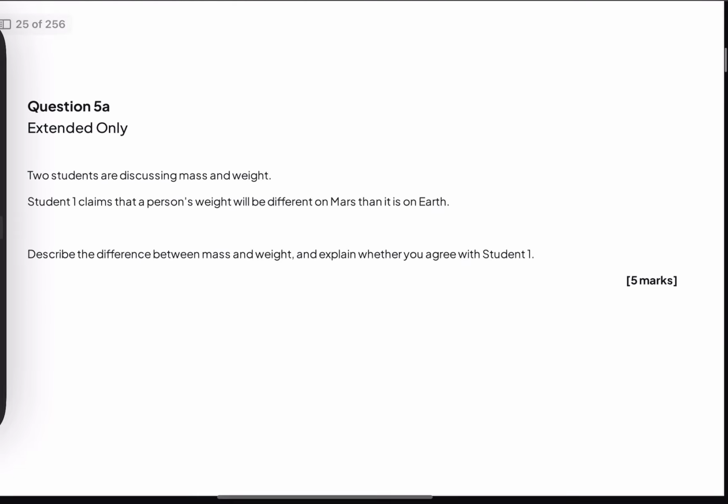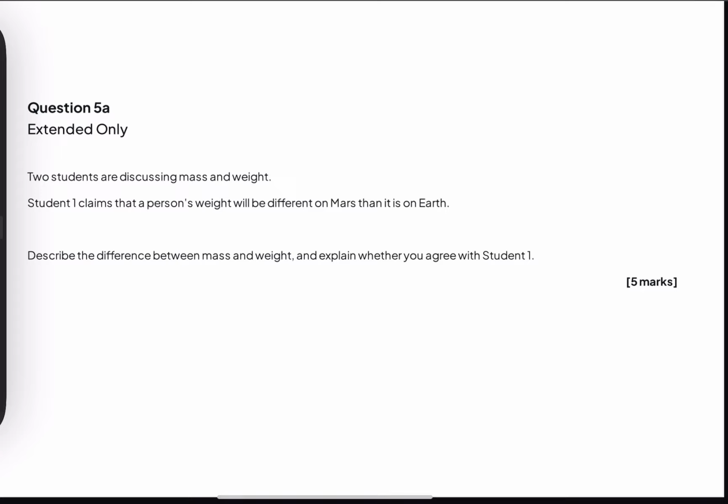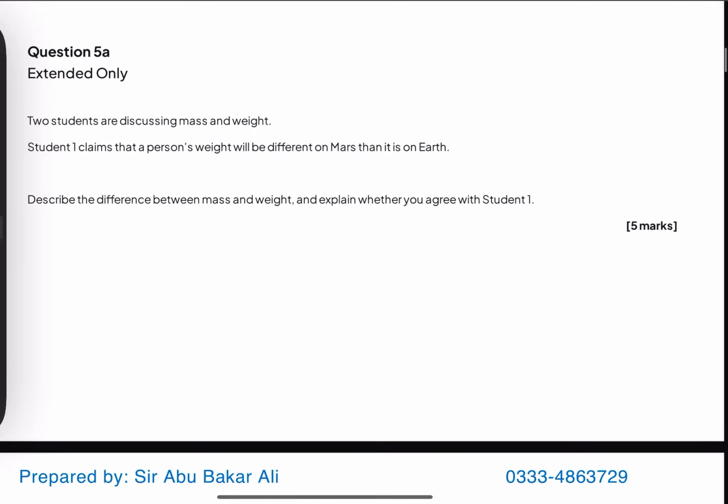Question 5a. Two students are discussing mass and weight. Student 1 claims that a person's weight will be different on Mars than on the Earth. Describe the difference between the mass and the weight and explain whether you agree with student 1 or not. Okay, so basically you have to differentiate or define the mass and weight.